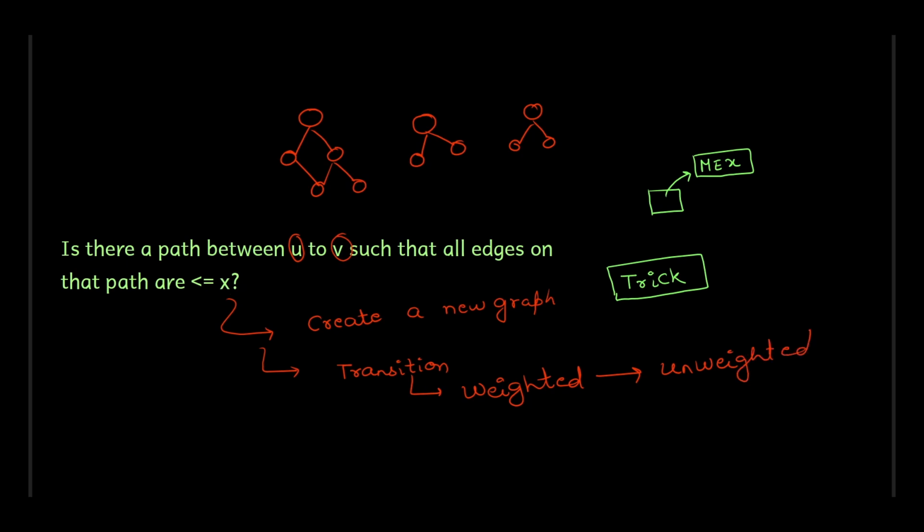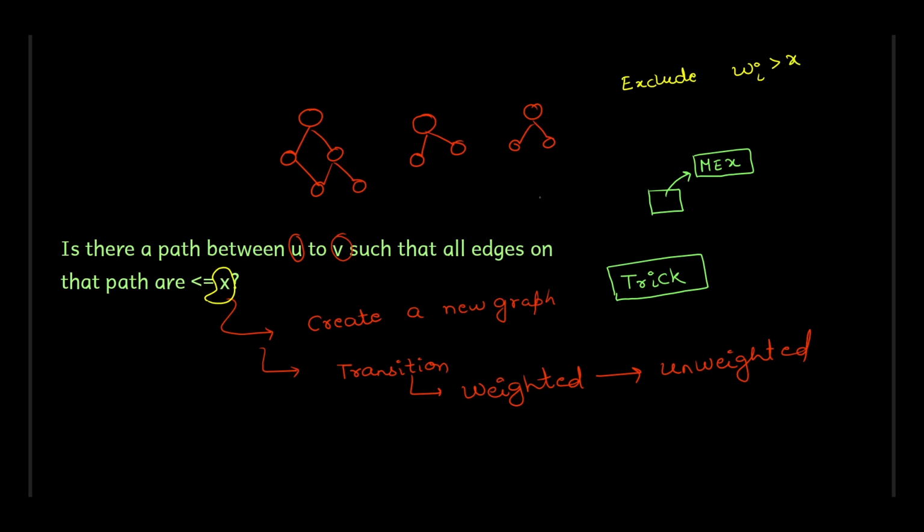And how do you do this? You know that in your resulting path, any edge that has weight strictly greater than x is forbidden. So in this new graph, you exclude all the edges whose weights are strictly greater than x.